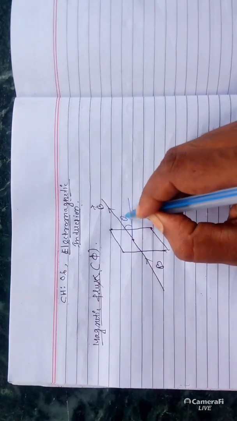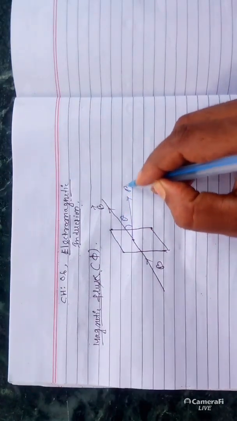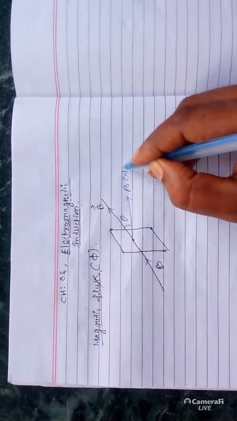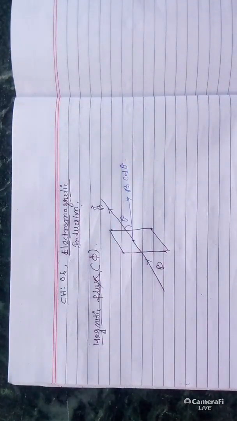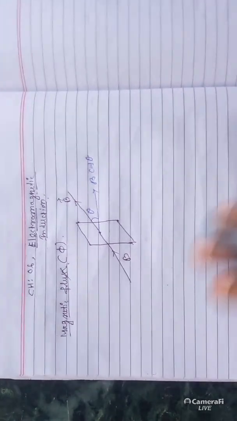Let this angle be theta, so this component is B cos theta. So mathematically, how will you write the flux?